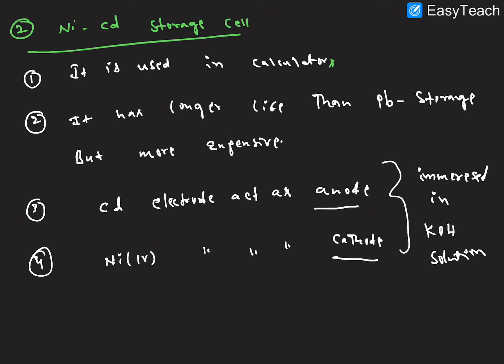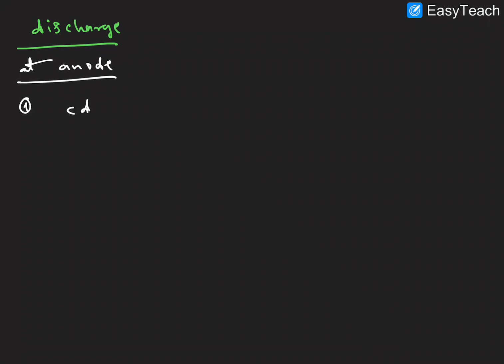Let us discuss what happens at the cathode reaction and at the anode reaction. Let me explain. This is during discharge, at the anode reaction. The first one: the cadmium in the basic medium is converted into cadmium hydroxide, losing 2 electrons.